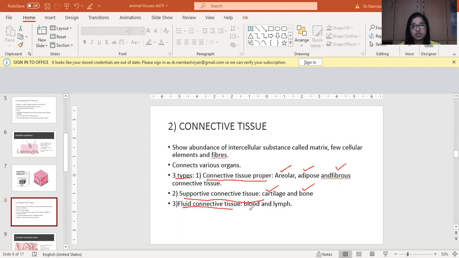It is fluid in nature. In that we have blood and lymph. So to understand the 3 types of connective tissue: the connective tissue proper, in that we have the areolar tissue, adipose tissue, and fibrous connective tissue. In supportive connective tissue, that is, they provide support to other parts, we have the cartilage and the bone. And the fluid connective tissue, fluid in nature, we have the blood and lymph. Okay, so now we are going to study about each of these in detail.